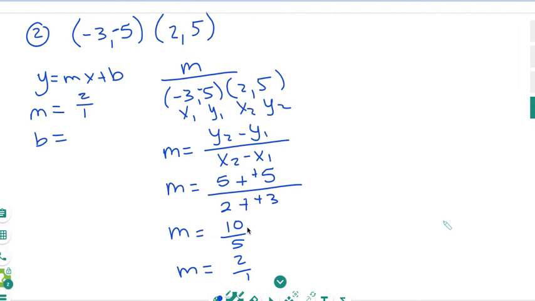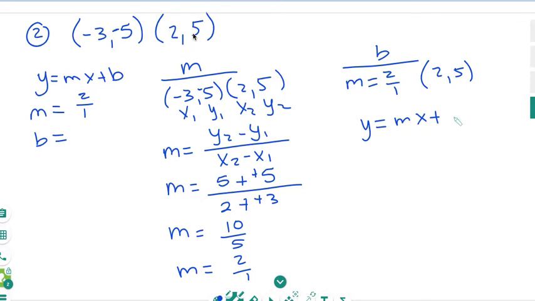Now I'm going to find my b. To find my b, I need my slope, which is 2 over 1, and I need an ordered pair. I'm going to go ahead and use the ordered pair that has no negatives. Either ordered pair will give us the same answer. I need the equation that has a b in it, which is y equals mx plus b.